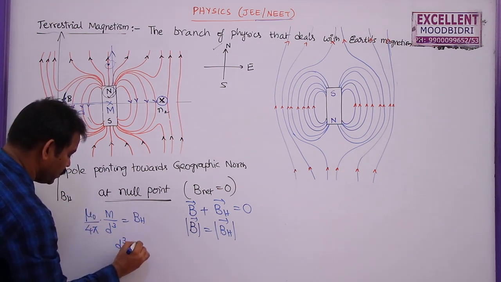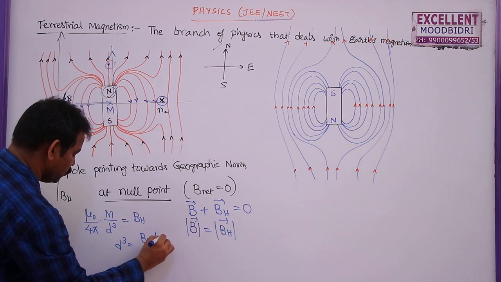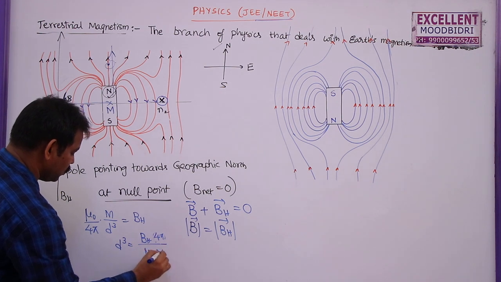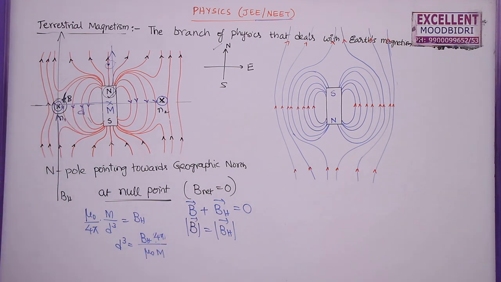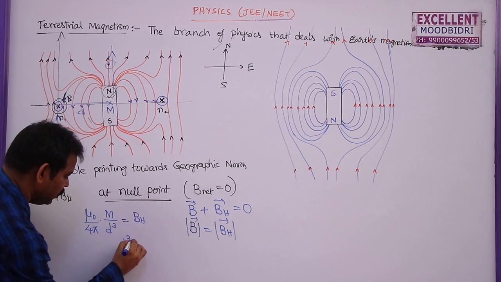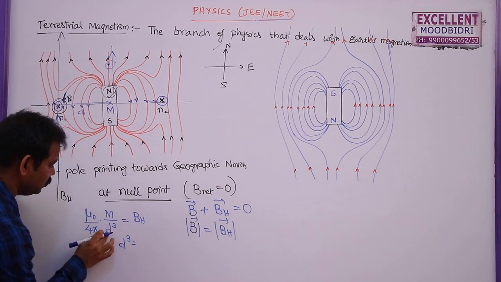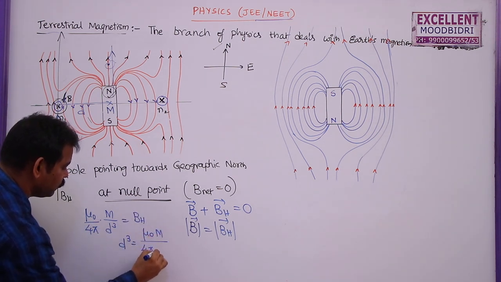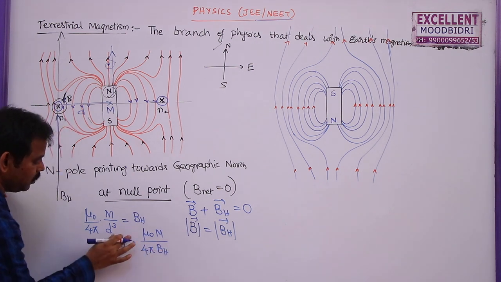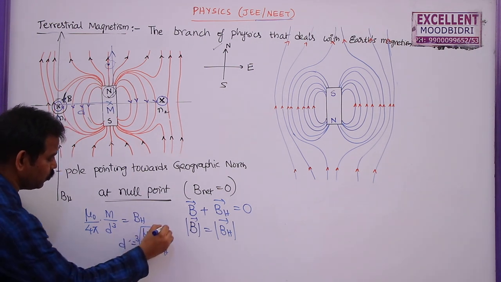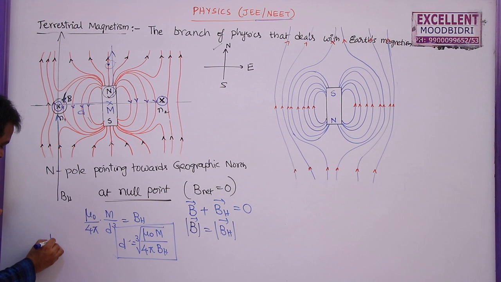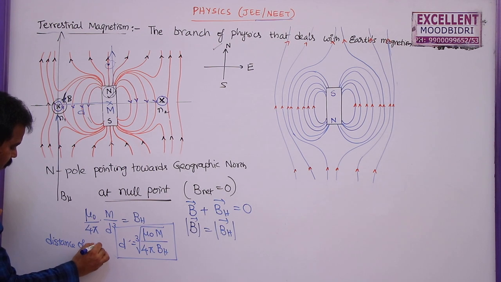So d cube is equal to mu naught M by 4 pi BH, and d is the cube root of this. This is the distance of the null point from the center of the bar magnet in this case.